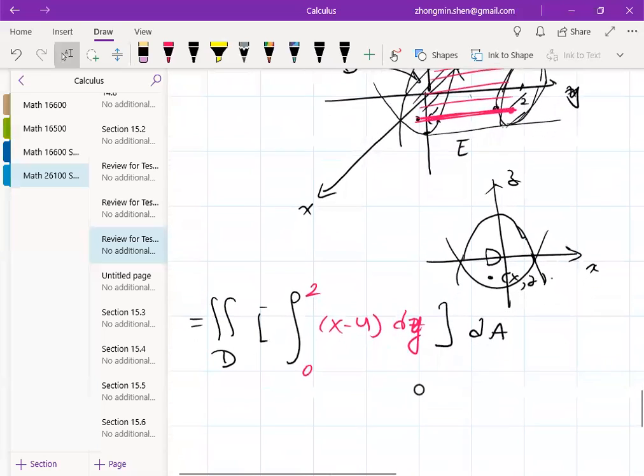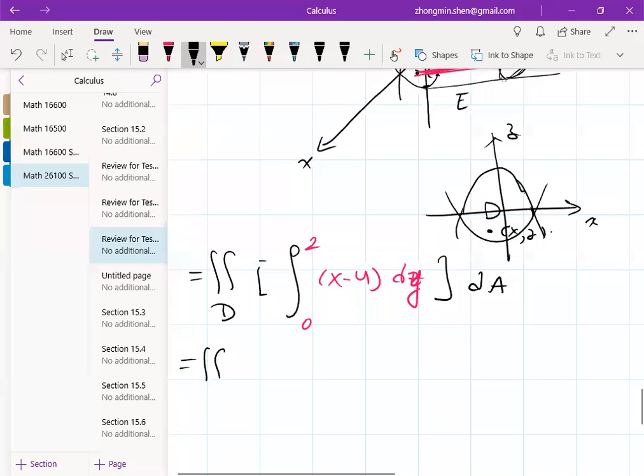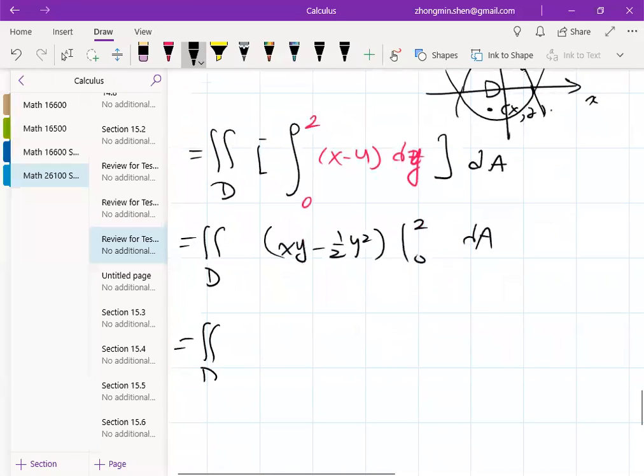So you evaluate this integral first, with dA on D. For fixed x, y is the variable, so the antiderivative will be x times y minus half of y squared, dA. That is going to be 2x minus 2 squared divided by 2, which is just 2.